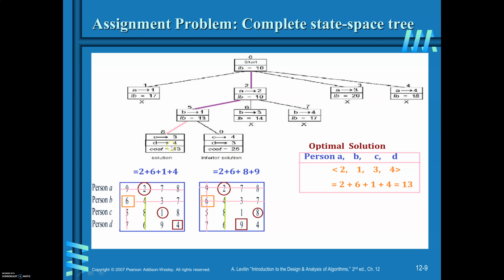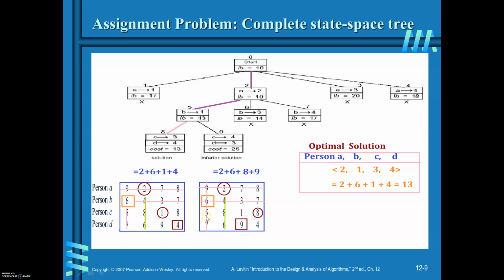So look at here. These 2 we are getting finally, but the best possible solution is this assignment. In order to get this assignment, you have to assign first person with the second job, second person with the first job, and third with third job, and fourth with fourth job. So look at here.